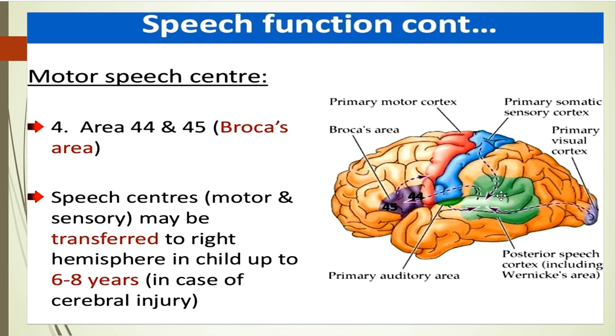The motor centers generate the speech response in the form of word pronunciation and character spelling. These centers occupy the posterior speech area of the frontal lobe.